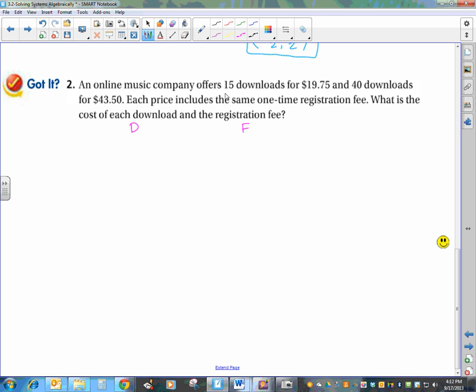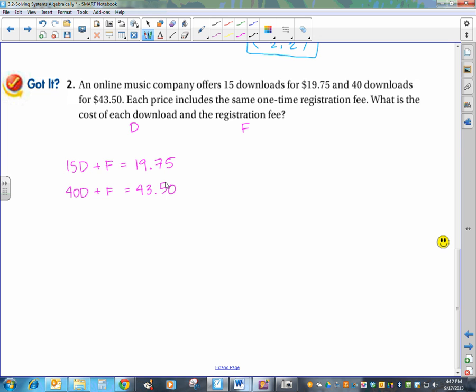I have one company gives me 15 downloads plus that registration fee, and that one is $19.75. And then I have another company that gives me 40 downloads plus that registration fee, and that costs $43.75. No, excuse me, $43.50.